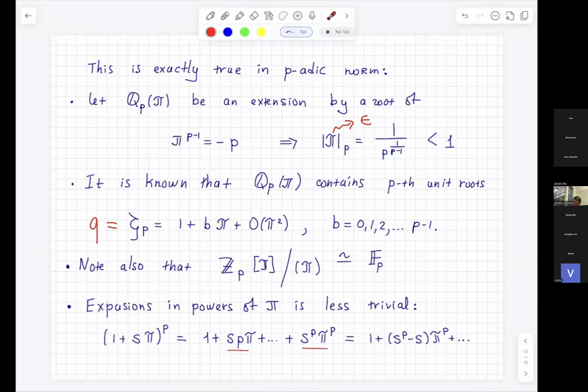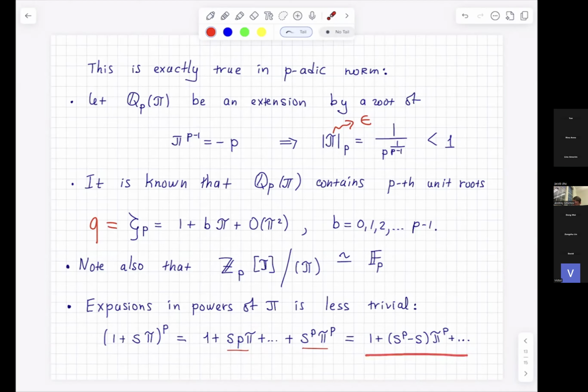If you just expand it using the binomial theorem, then the order of the first term and the last term is actually the same. Well, simply because pi to the power p minus 1 is equal to p. So p times pi and pi to the power p have the same order of smallness, so to say, in the p-adic norm.